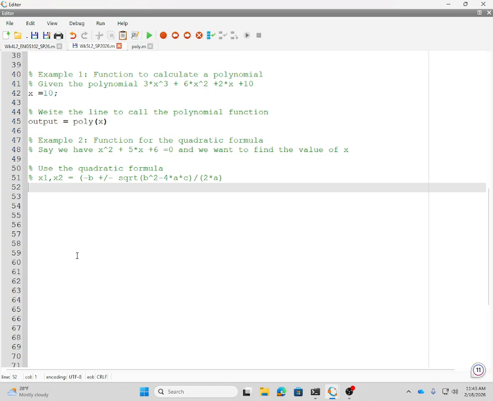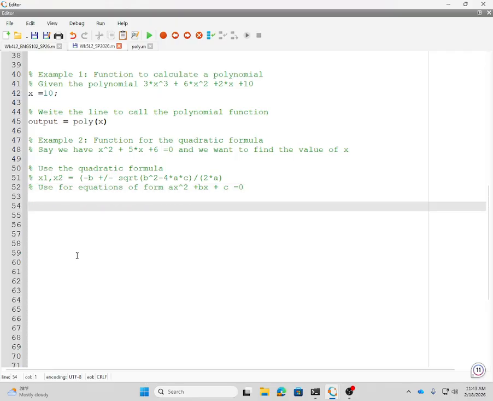So plus minus gives you two values. I'll just try to keep it the same way. So this is the solution. So use it for equations of the form ax square plus bx plus c equal 0. You are defining the constant.